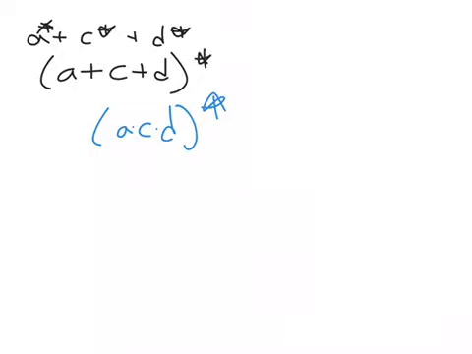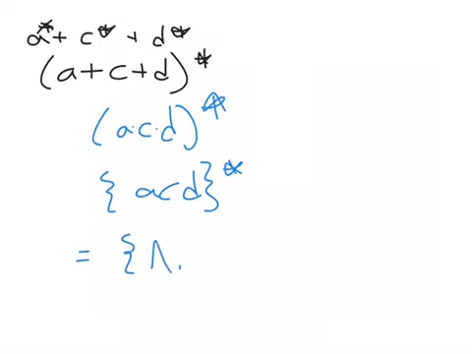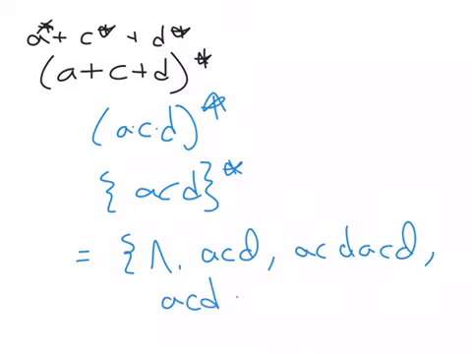It's the string that squishes together A and C and D, right? So this is the string ACD starred. So what does that set equal? That set equals lambda, because you take 0 of them, followed by ACD, there's 1 of them, and ACD, ACD, there's 2 of them, and maybe we'll go for a 3 as well. And that's it, okay? And keep going.